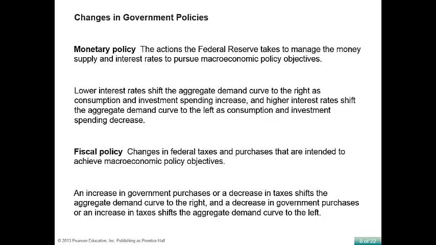An increase in government purchases or a decrease in taxes shifts the aggregate demand curve to the right. And a decrease in government purchases or an increase in taxes shifts the aggregate demand curve to the left. Now, taxes reduce consumers' or firms' disposable incomes, which lowers their ability to purchase.